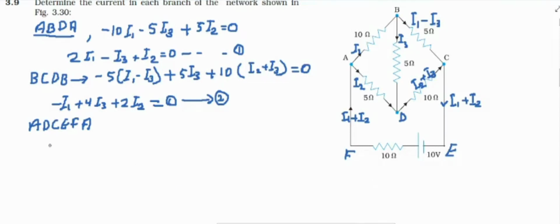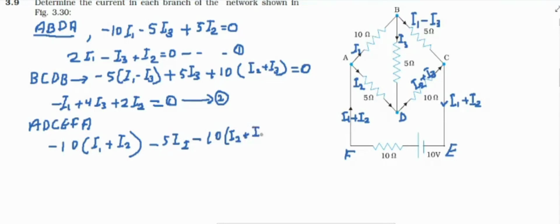Here you will get minus 10 into I1 plus I2, minus 5 I2, minus 10 into I2 plus I3, is equal to minus 10.